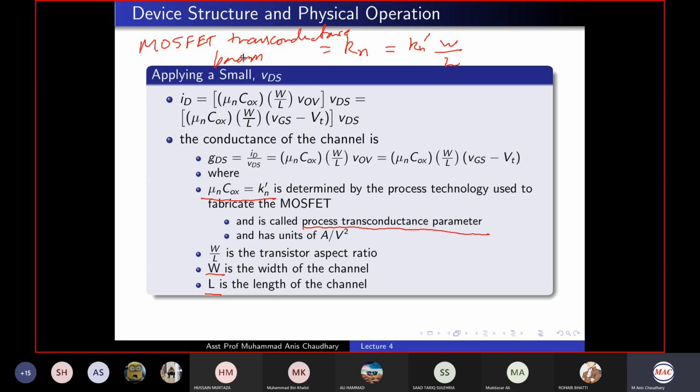So यहाँ पर note करें Kn, the MOSFET transconductance parameter, also depends on that specific device dimensions. However, the process transconductance parameter Kn prime is only dependent on the process. So क्या electron mobility उस process में achieve हुई है mu n, and क्या capacitance per unit area थी of the oxide layer that was developed during the process.